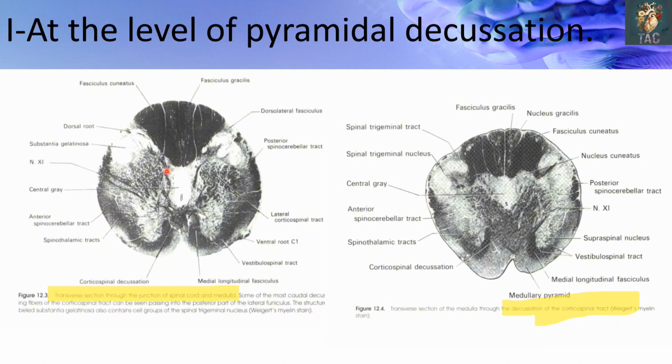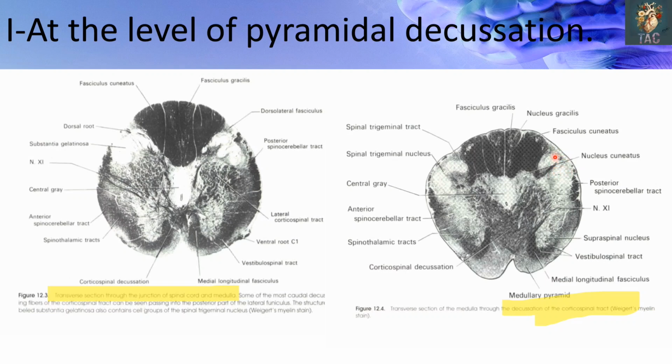Next is the central gray matter, which has increased in amount over here. This is the central canal. Here you can see the spinal nucleus of the trigeminal nerve and its tract.